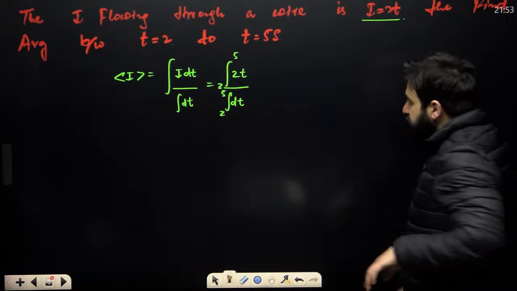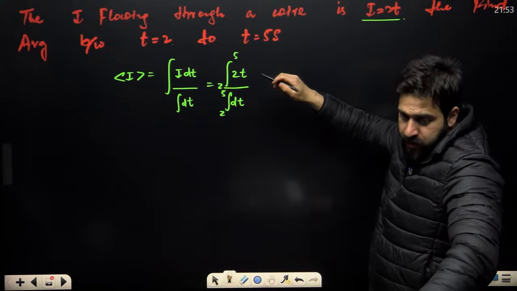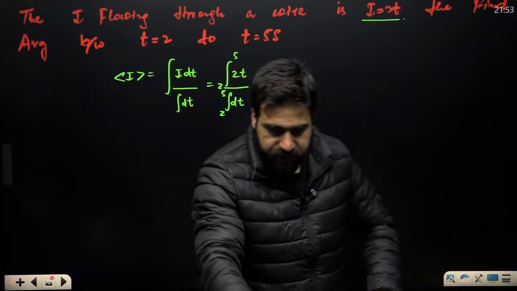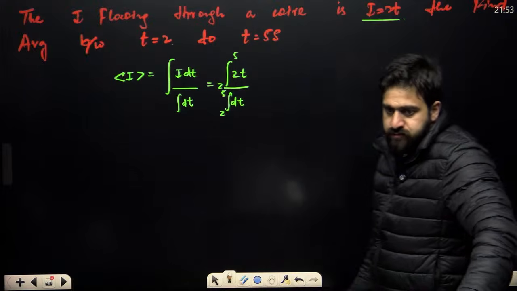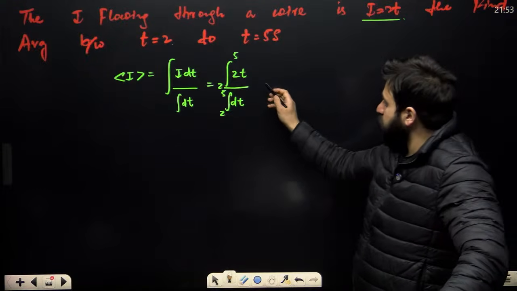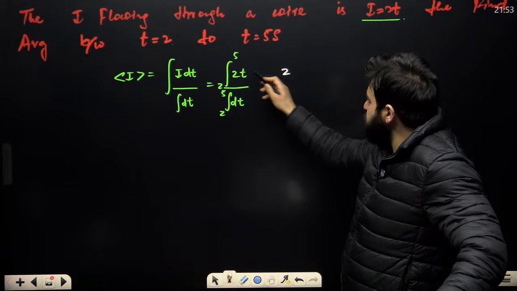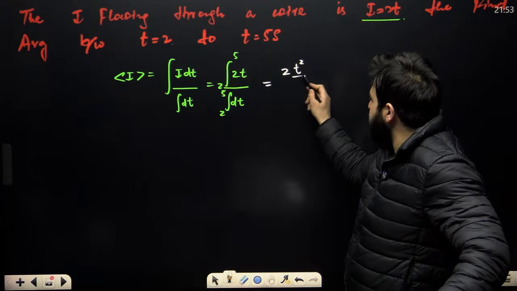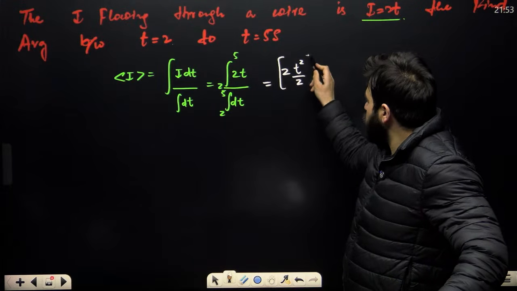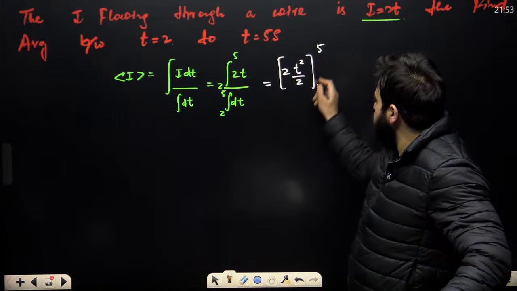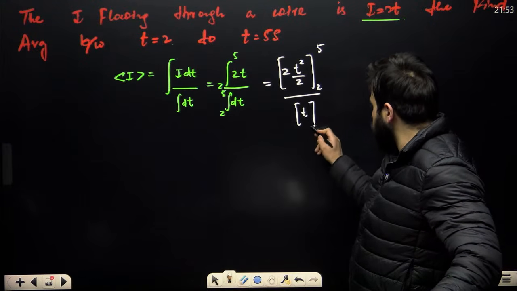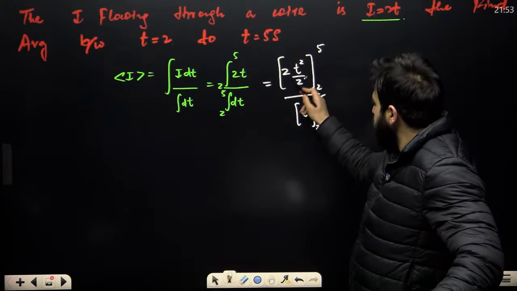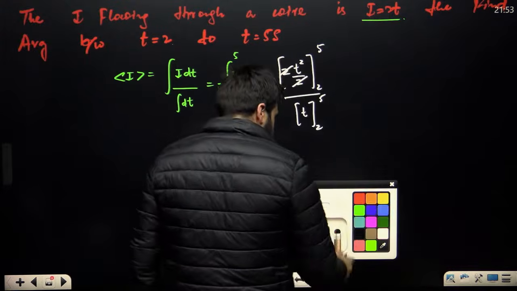Now tell me, my dear NEET aspirants, how am I supposed to write in this case? So this 2, what is the integration of t? It will be t square divided by 2, from 2 to 5, upon integration of dt, which is t, from 2 to 5. 2 and 2 will cancel.